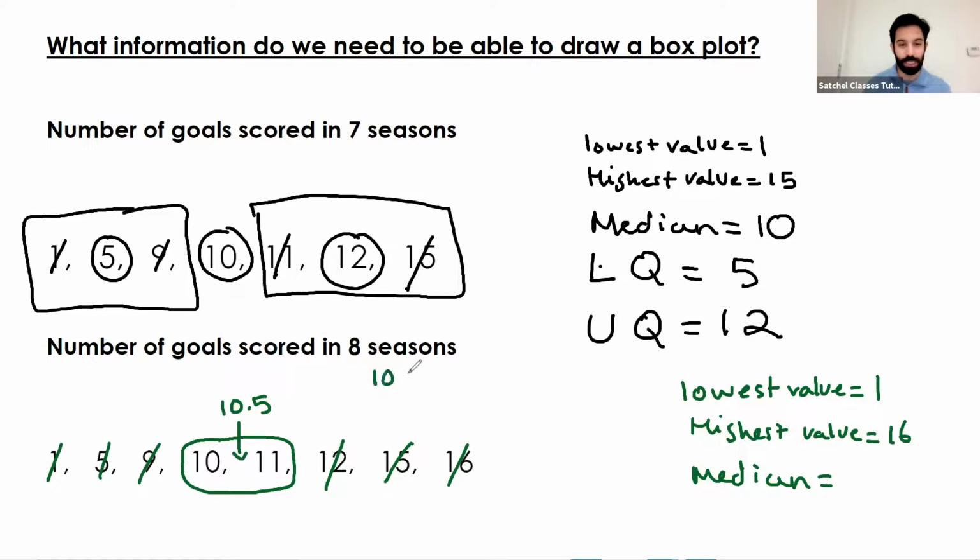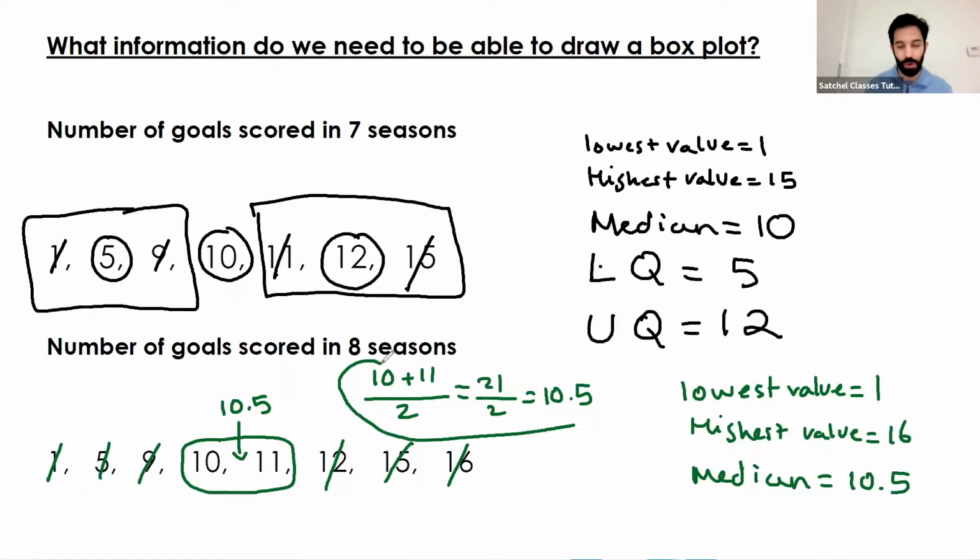So we could have done 10 plus 11 divided by 2. That will give us 21 over 2, which is equal to 10.5. So the median is 10.5. And this is a method of finding the midpoint of 2 numbers, so the midpoint of 10 and 11 in this example.